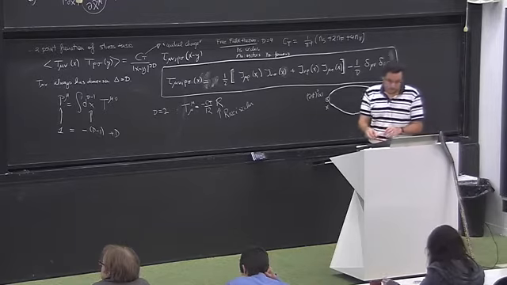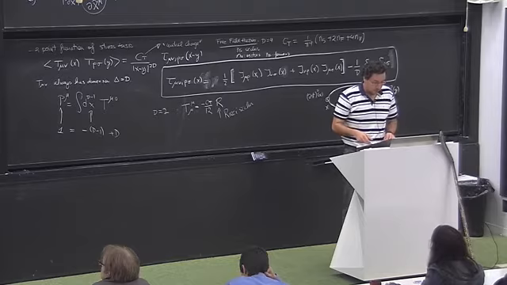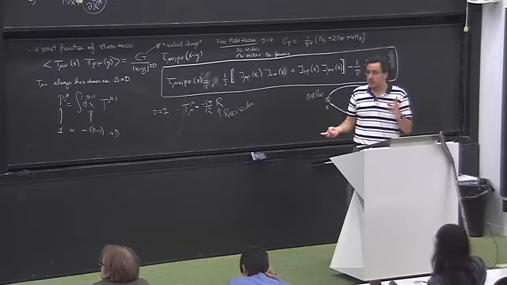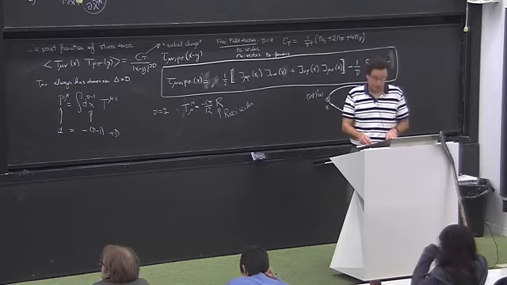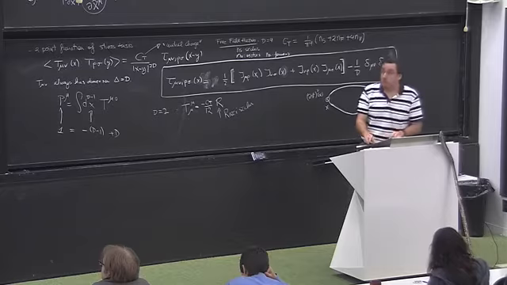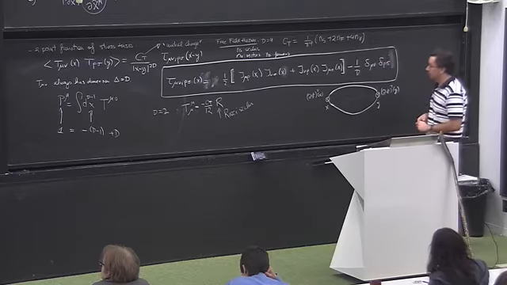Okay? So if you really wanted, you could construct, say, the 3-point function of two scalar primaries with a vector primary and so on. But I'm not going to do this, because I want to move to 2 dimensions quickly.